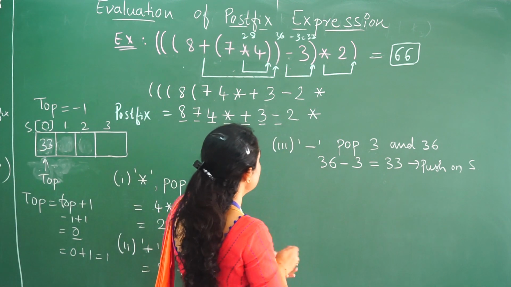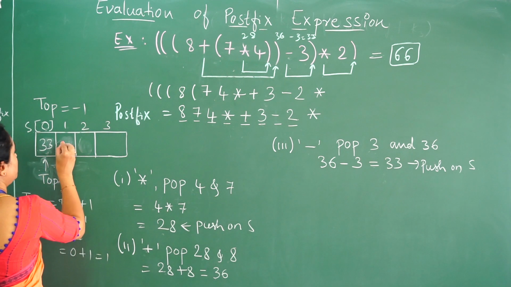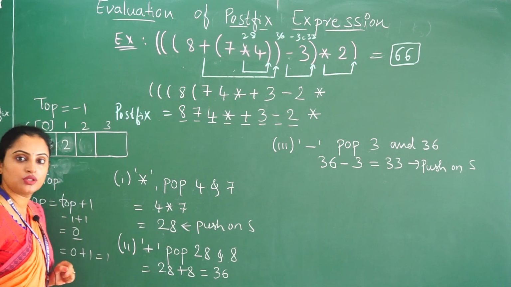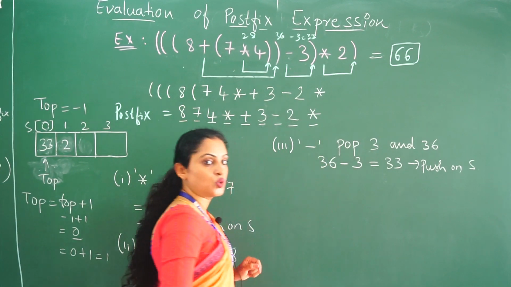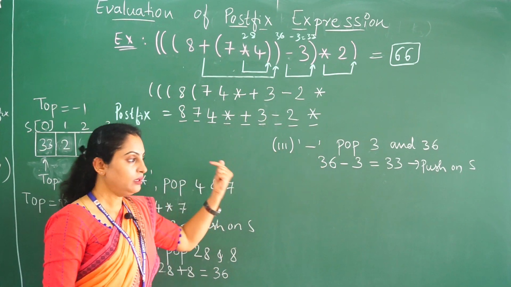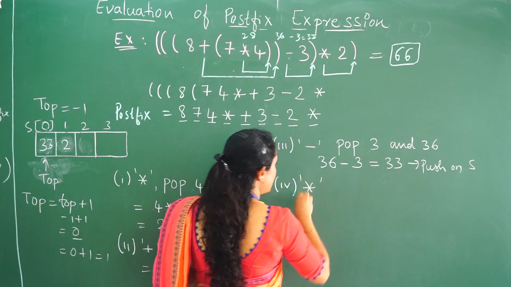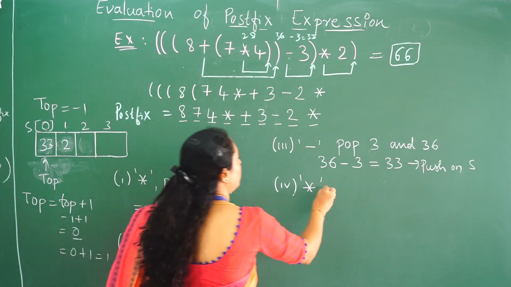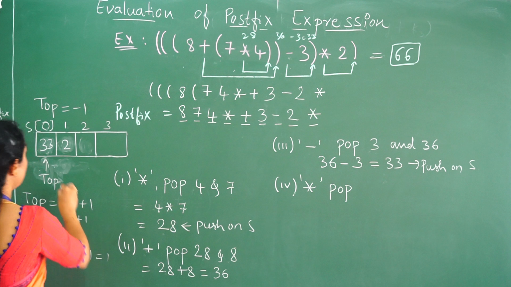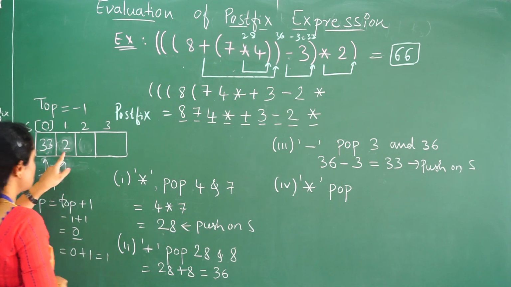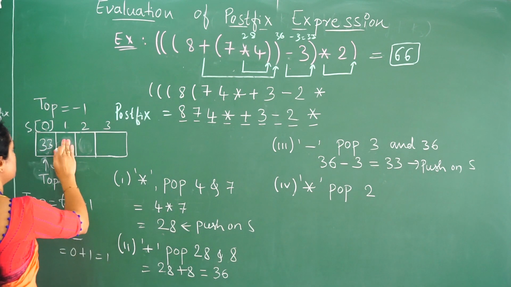Okay. So next let us scan 2. 2 is an operand, so push it onto the top of the stack. Okay. Next value we have got is asterisk. Whenever an operator is encountered, again we have to pop. Pop the top elements of the stack. What is the top element? 2. Pop it. Popping means nothing but deletion, taking out.